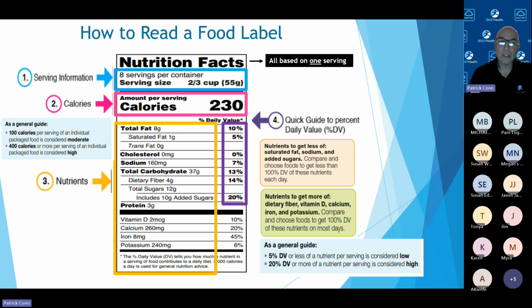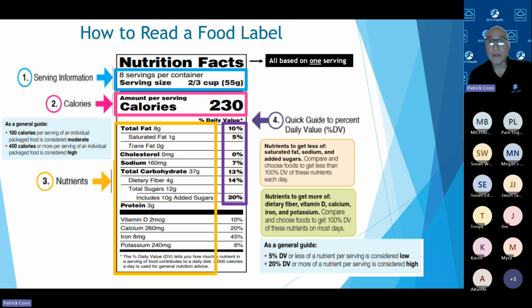So, as a general rule of thumb, you want to use that 5%, 20% daily value. So, if you're looking here, nutrients that you want to get less of in your diet would be the saturated fat, would be the sodium, would be the added sugars, and I would also throw in that cholesterol. Those are the nutrients that you want to get less of in your diet.